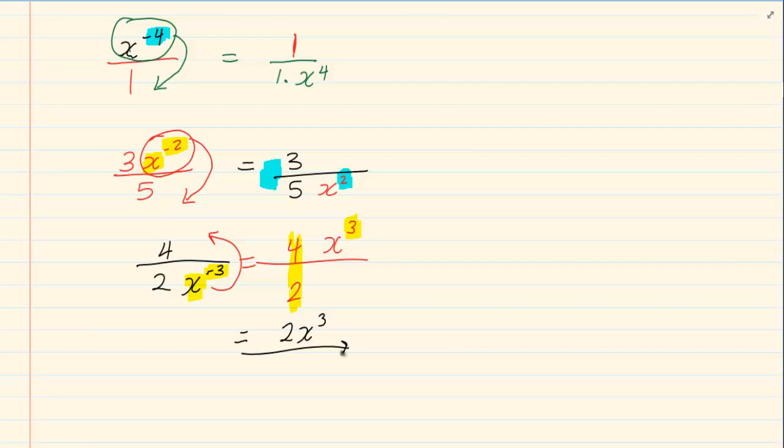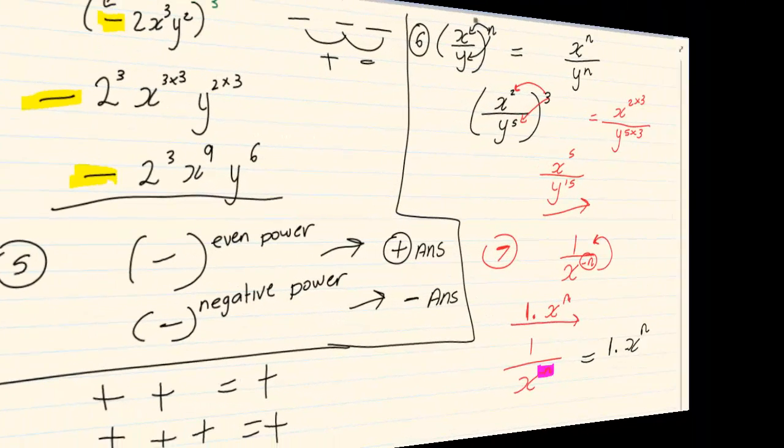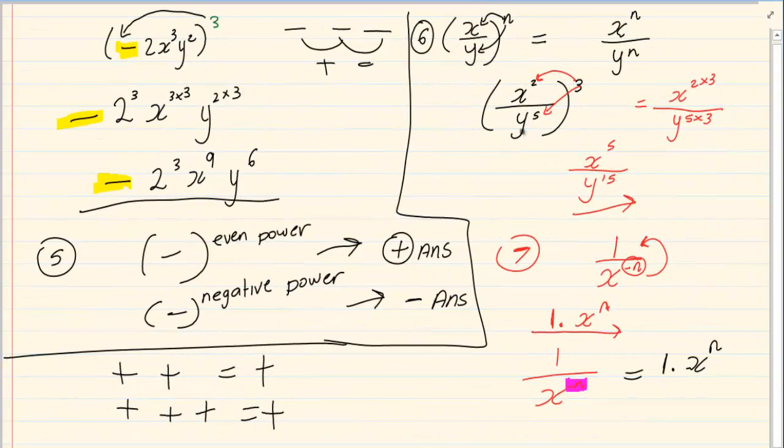Now what happens when they start implementing more rules? Let's take a fraction with the power outside. Now what we're doing is we're doing multiple rules. The one rule we know is if there's a fraction and there's powers outside and inside, what do we do? We multiply them inside.